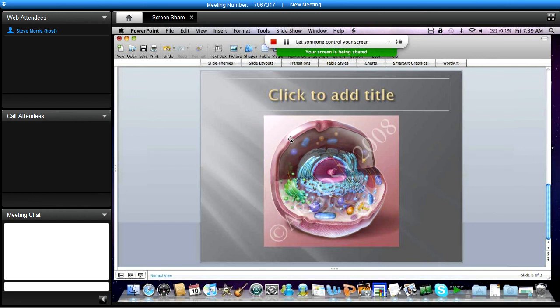I would expect you to recognize the hydrophobic and hydrophilic end, what the structures are that make up that cell membrane. Also, when you look at the cell itself, inside the cell, you see there are a number of organelles. I would expect you to be able to recognize these structures: the nucleus, the nucleolus, the endoplasmic reticulum, both the rough endoplasmic reticulum, identified by the small little ribosomes that are attached to it, the smooth endoplasmic reticulum.